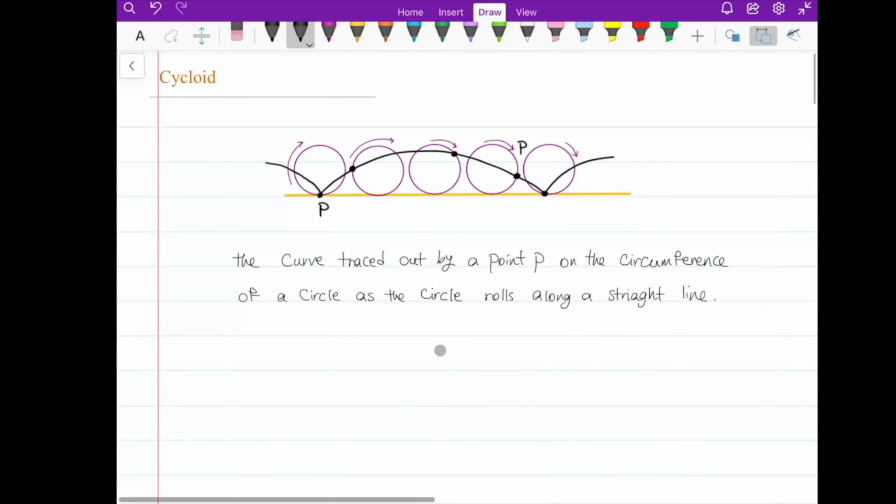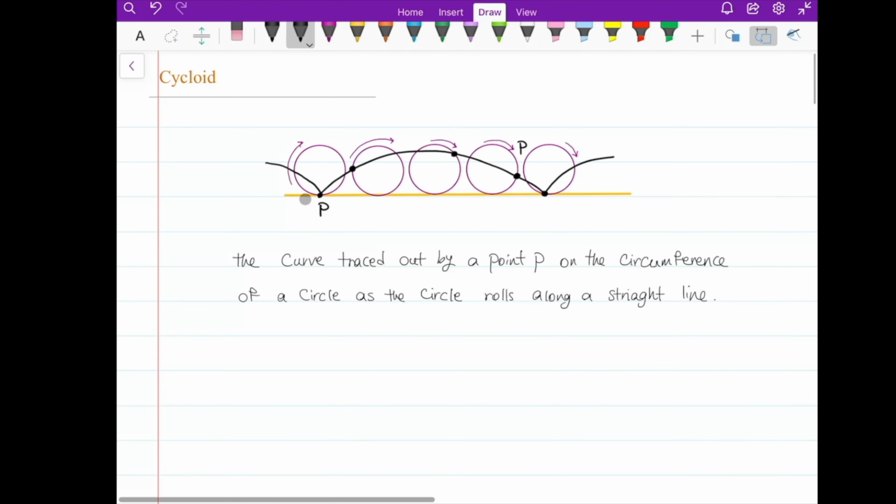In this video, we're going to talk about the cycloid and how to parameterize it. What is a cycloid? It is the curve traced out by a point P on the circumference of a circle as the circle rolls along a straight line.